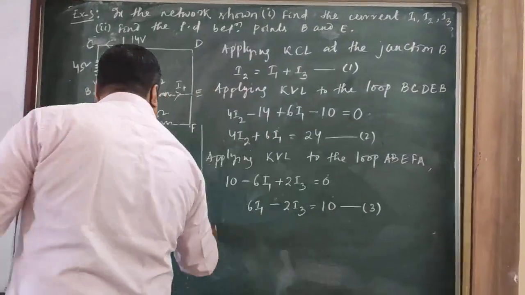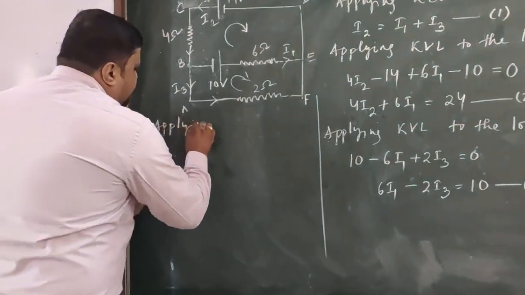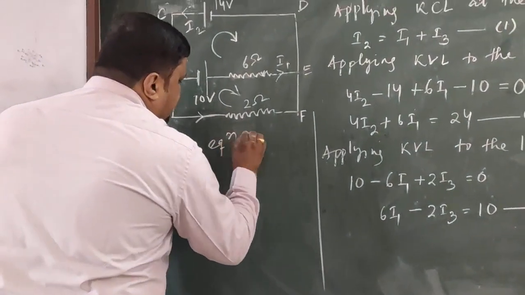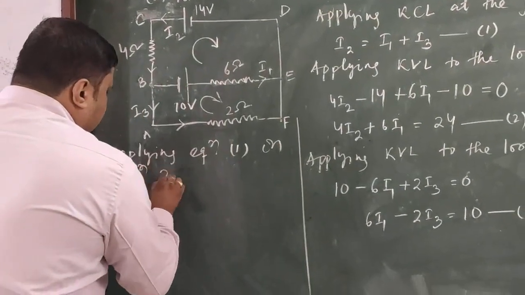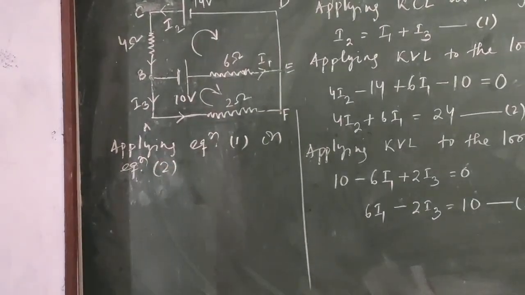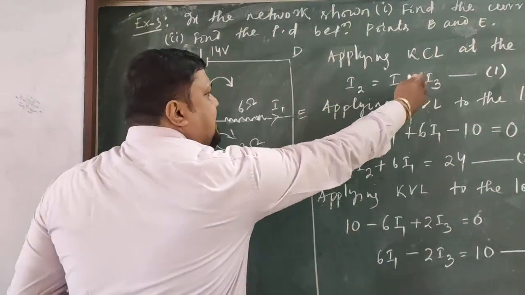So let me apply equation 1 in equation 2. I can write 4 times I2, what is I2? I1 plus I3.